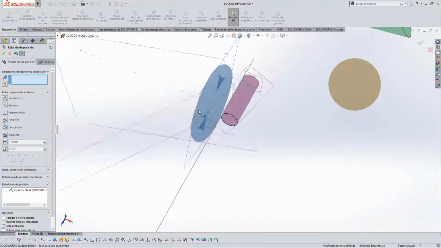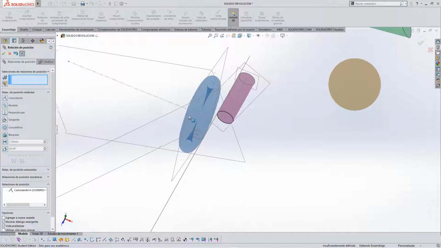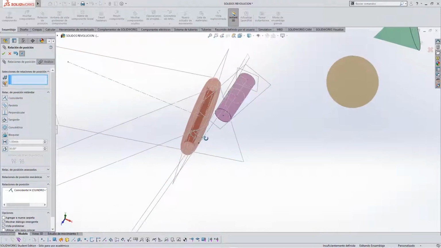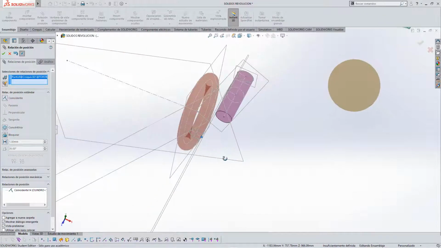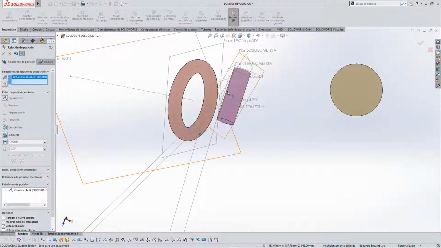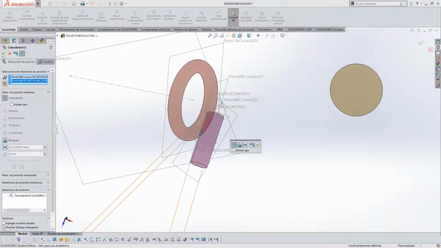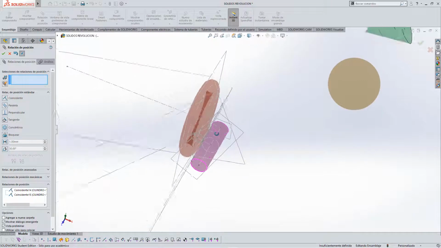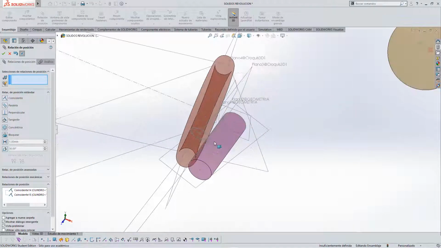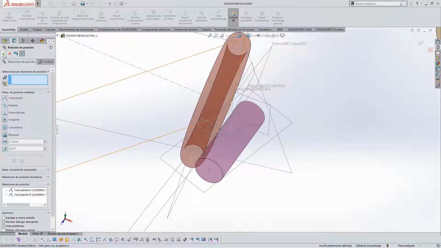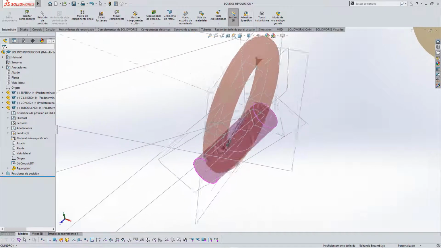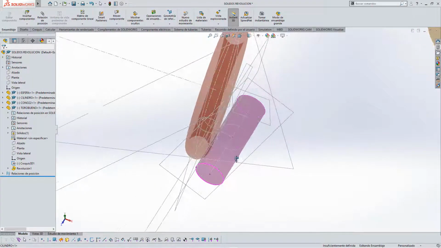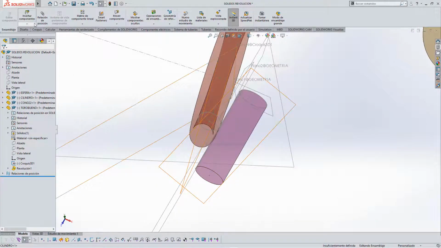And as before, setting only this relation is not enough. We can move the solids and they are not in contact. So I'm going to select the points on the surface of each solid that are contained on these tangent planes. And now, when these points are coincident, we have finished the operation. So we have the tangency of both solids.